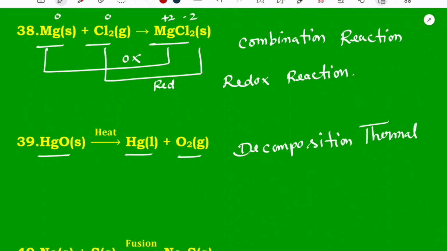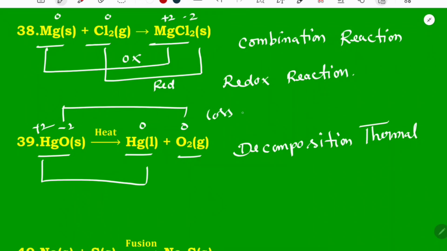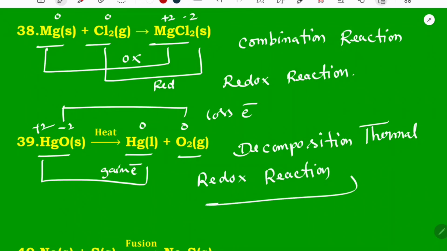You can check: -2, +2 here, 0, 0 here. -2 to 0 means loss of electrons, and here gaining of electrons. So it is also considered a redox reaction.